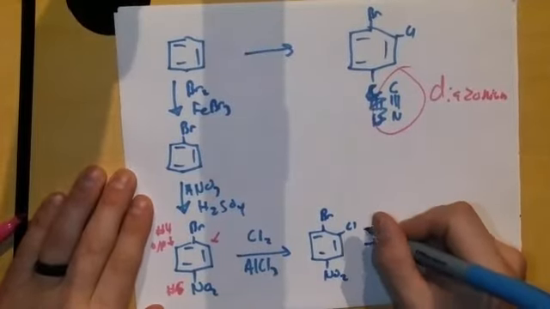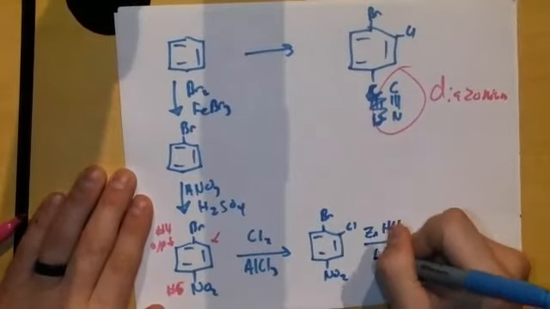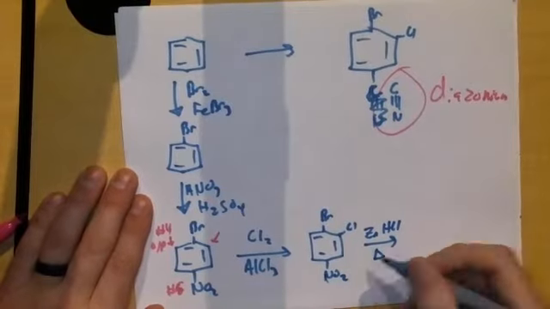So adding in zinc, HCl, and heat lets us reduce this nitro down to an amine.